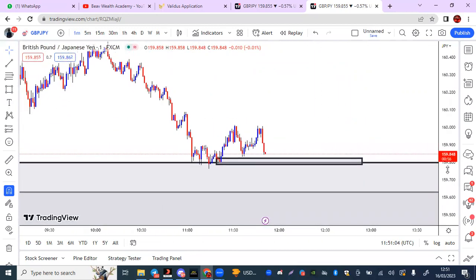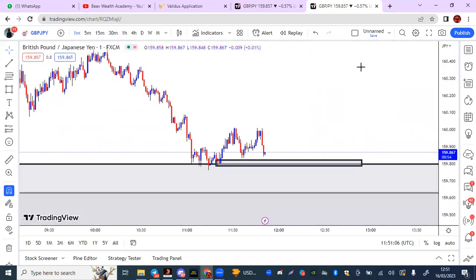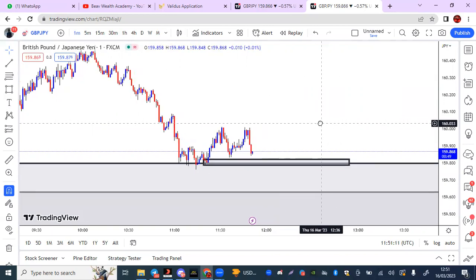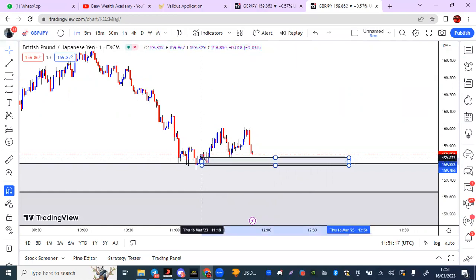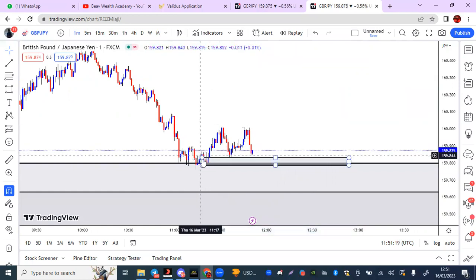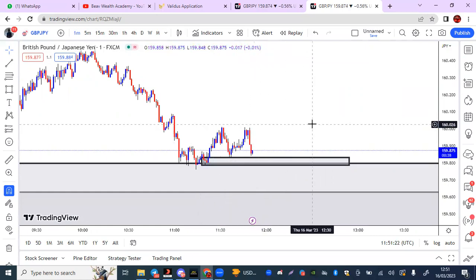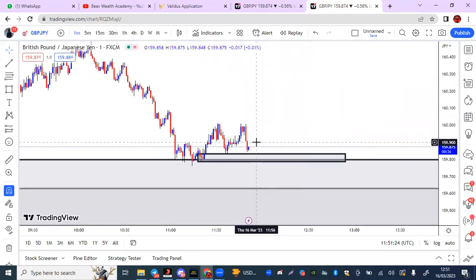So this is a live class. We're going to take this trade live. In the next 10, 15 minutes, I think we should get an entry. So I want price to touch this particular zone. Yep, we have like 2 candles there. I want price to touch this, and then we'll take a trade decision.